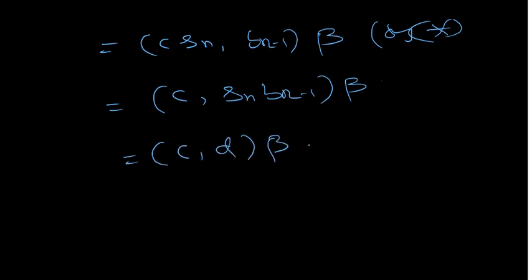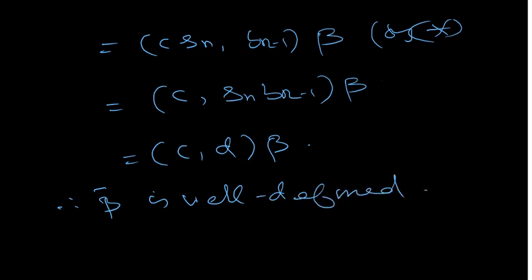Thus (a, b) of beta is equal to (c, d) of beta, so therefore beta tilde is a well defined map.